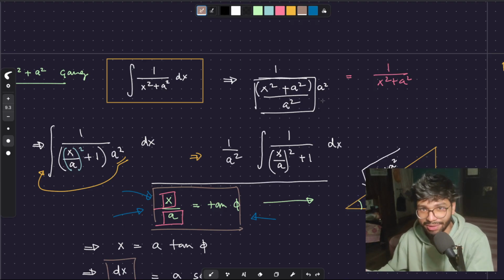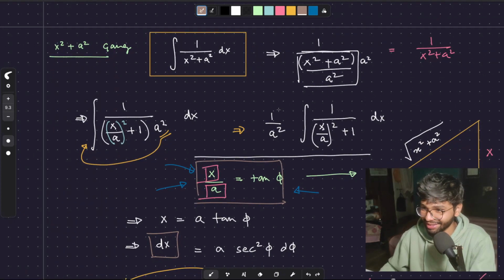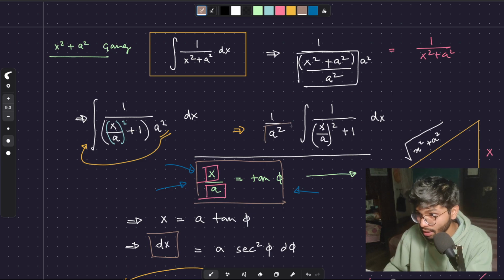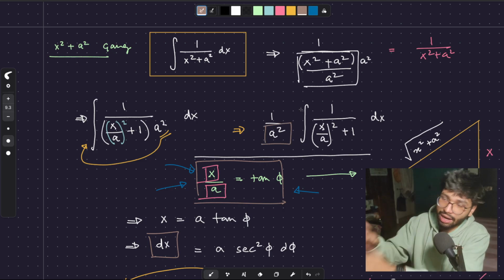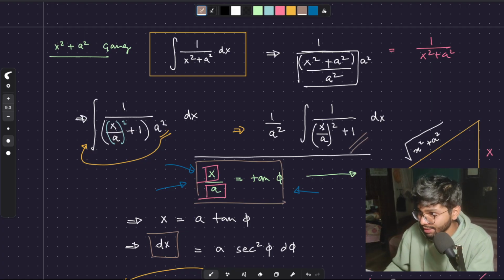That's how things have been done for ages. Probably not the best way to phrase it. Okay, so that is amazing. We can factor out this a squared. And that means a is a constant, so we can just factor it out from the integral, and we've got this thing over here.